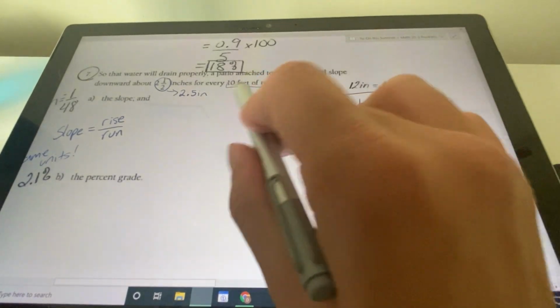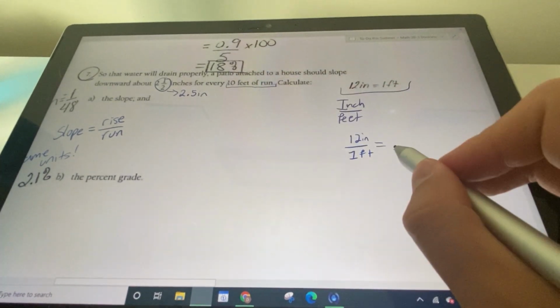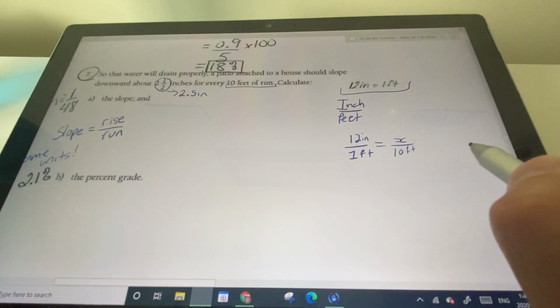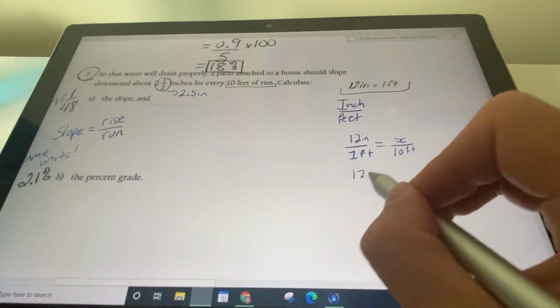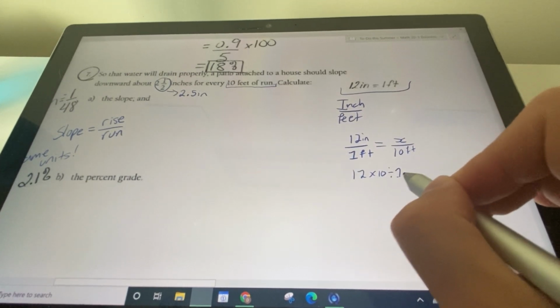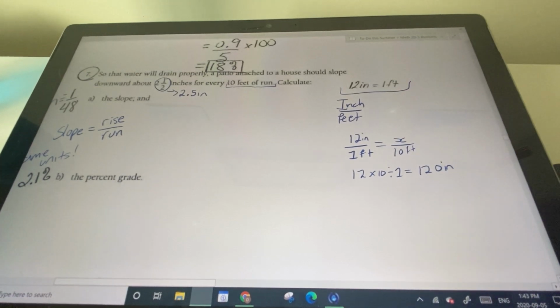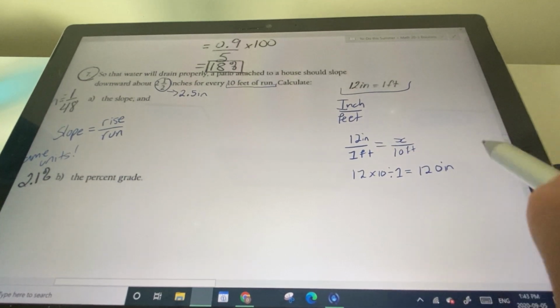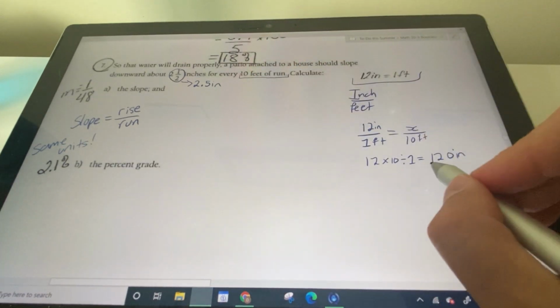To figure out how many inches are in 10 feet, I'm going to put my 10 feet on the bottom and X on top, which represents the amount of inches in 10 feet. Cross multiply, divide, super useful. 12 times 10 divided by 1 gives me 120 inches. So now we know 10 feet is 120 inches, and remember, this is our run.